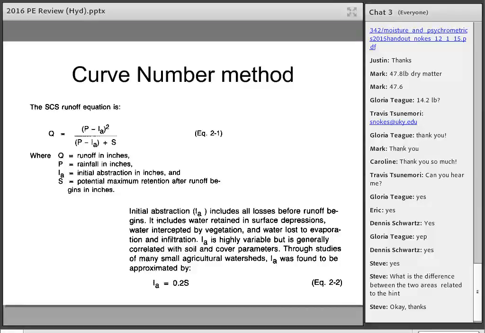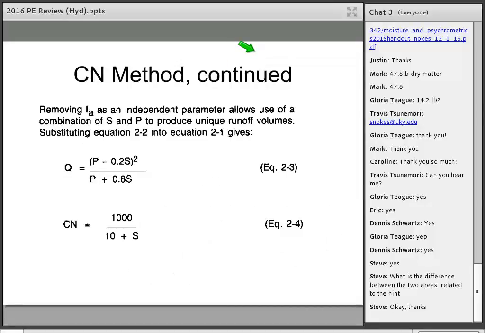Now, the equation is something that you could use. To be honest, it is seldom used. You have to recognize that there are assumptions like this initial abstraction being equal to 2/10 of the maximum retention. It's something that they've figured out based on studies, and it's a fitted parameter, but it works. So understand where it comes from, but more likely you'll be reading it off a chart.